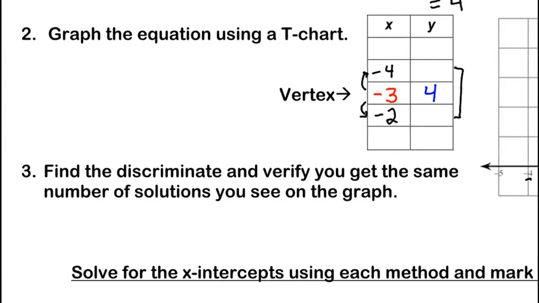So the same way we did 1b, we'll have to do this. We'll have y equals negative, I'm going to plug in negative 2 squared minus 6 times negative 2 minus 5. Go ahead and calculate that. If you made a mistake on 1b, try to not make that same mistake.